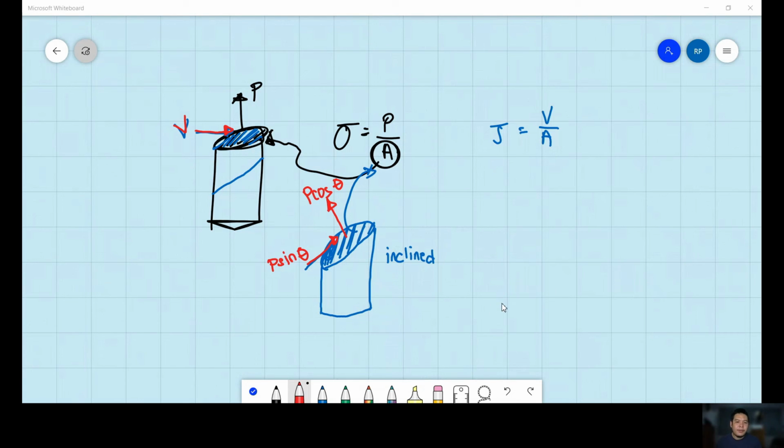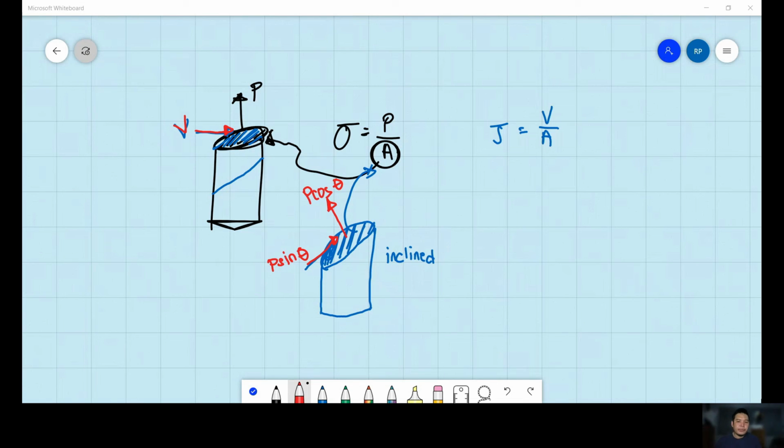So for normal stress, we have P over A cosine squared theta, and for our shearing stress on an inclined section, we are going to have P over 2A, twice the area, sine 2 theta.